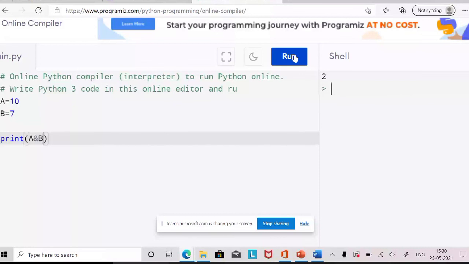Okay, very good. Then we are just using this bitwise OR. The answer is 15, right?